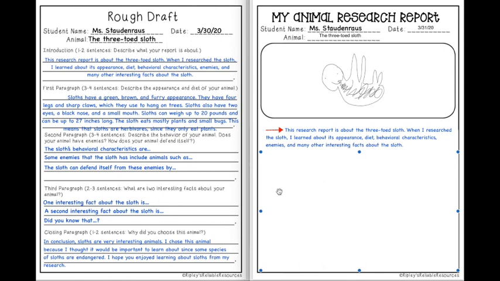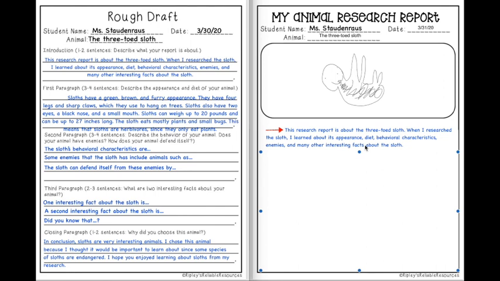So if we move on to my next paragraph, that's my first informational paragraph, okay? So in this one, we're describing the two categories of the appearance and the diet. So if I feel really confident about what I wrote in my rough draft, I can go ahead and basically write that in my final draft.